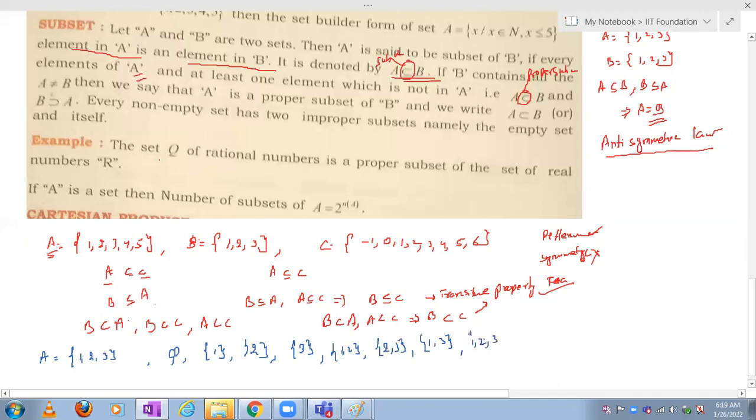Totally, how many subsets you have got? 1, 2, 3, 4, 5, 6, 7, 8.